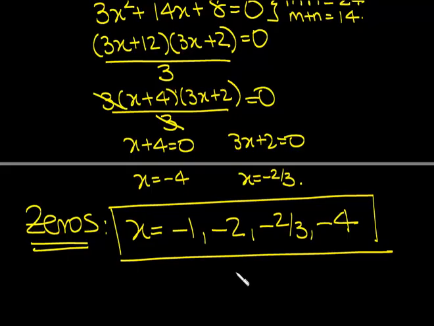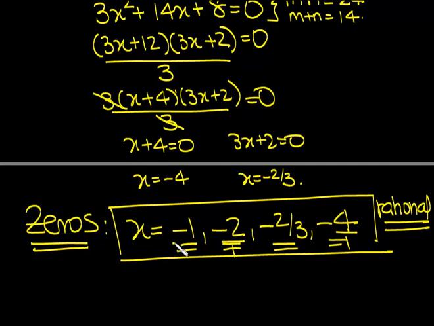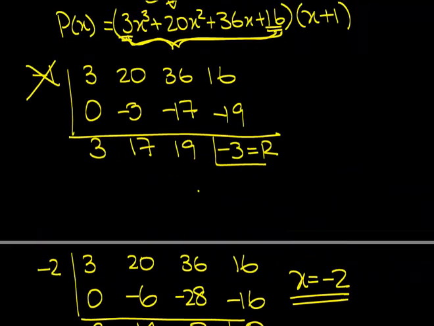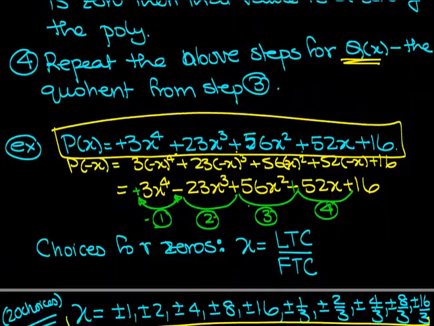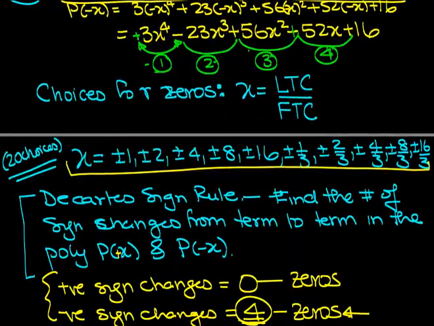The key thing to note over here is these were all rational. Do you guys see that? Because they are all fractions, because this is 4 over 1, 2 over 1, and these were all in our choices. If you go back to our choices that we had here, one of the choices was negative 1, negative 2, negative 4, and negative 2/3.